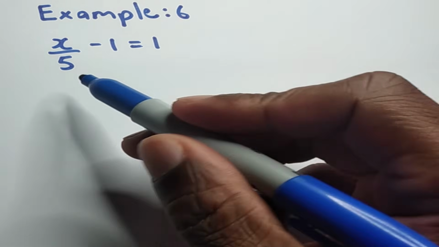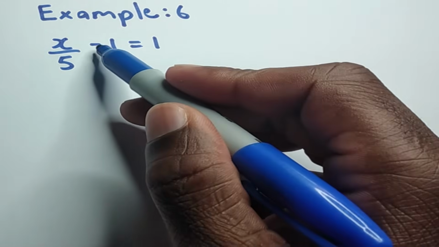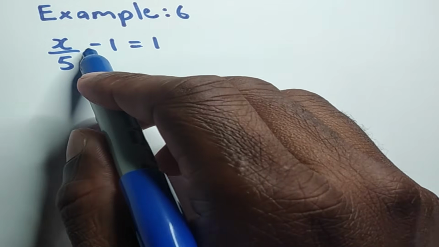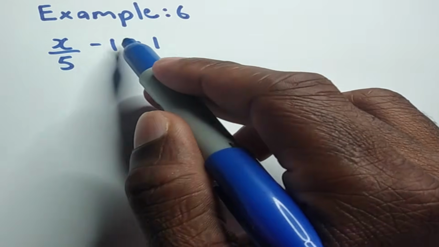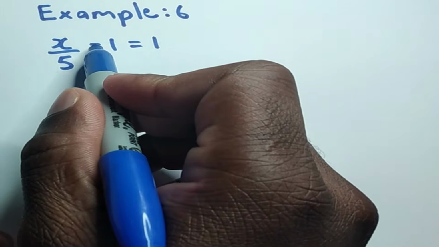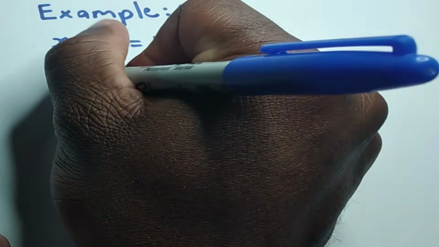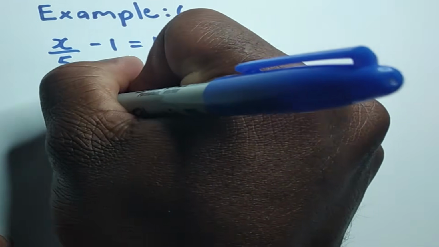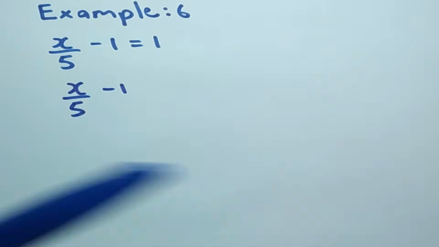All right, so the first thing that we can always do is to get rid of the stuff that is furthest away, or the terms that are furthest away from the x. So what we can do is to get rid of the minus 1 first. So here we have x over 5 and we have the minus 1.